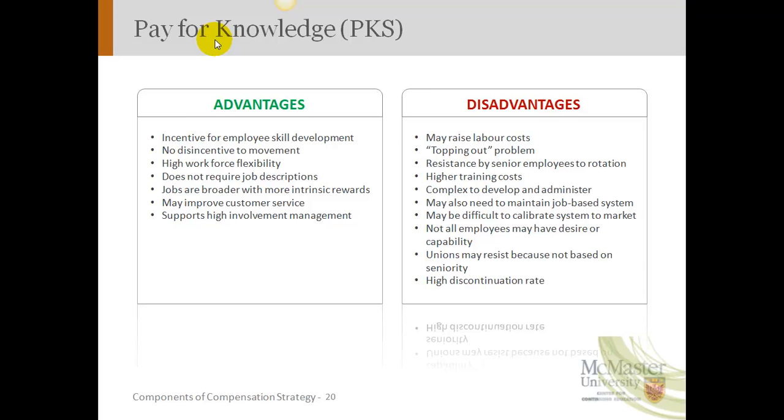Looking at it from the perspective of the managerial or professional level employee, as employees gain more skill and more abilities, we're going to pay them for accumulating all of these different competencies or skills and abilities. It doesn't necessarily matter whether or not they're using those skills and abilities at that particular time when they accumulate them, but we're going to reward them for it.